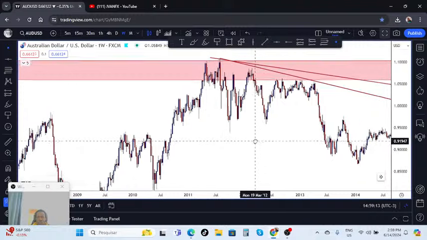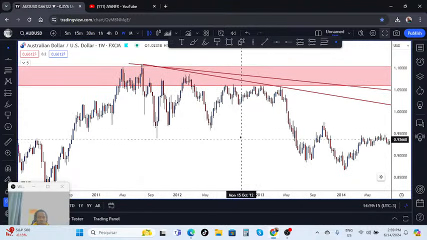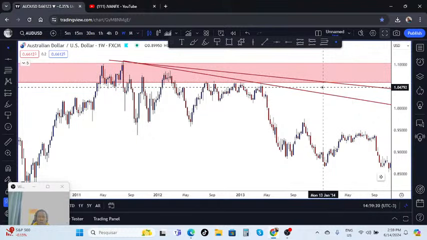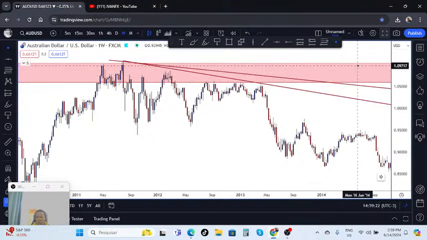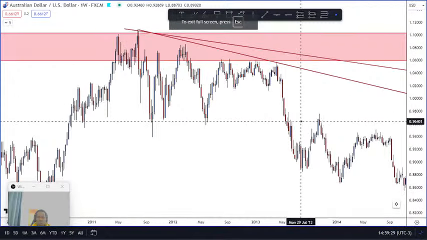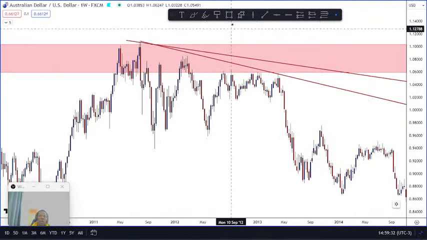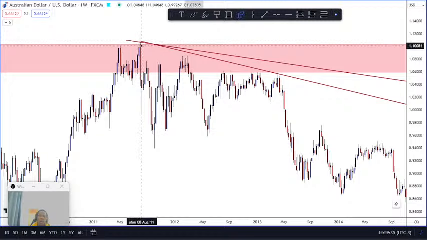So in this scenario, we are going to be charting it from the monthly band area, just like we did on the monthly time frame, and this is the weekly time frame right now.